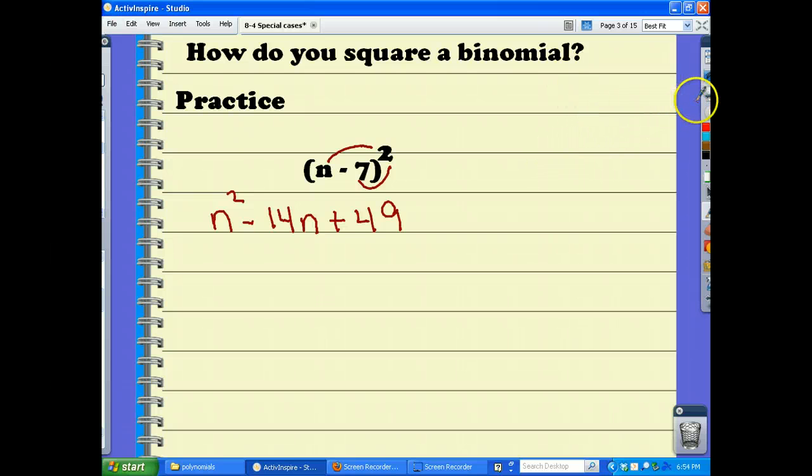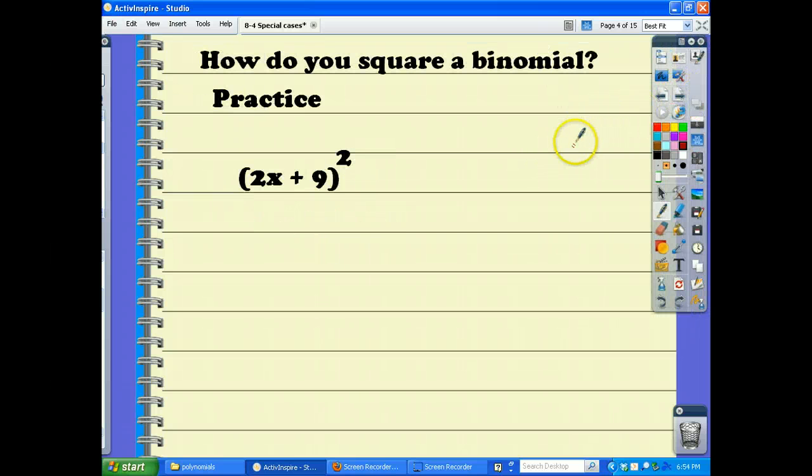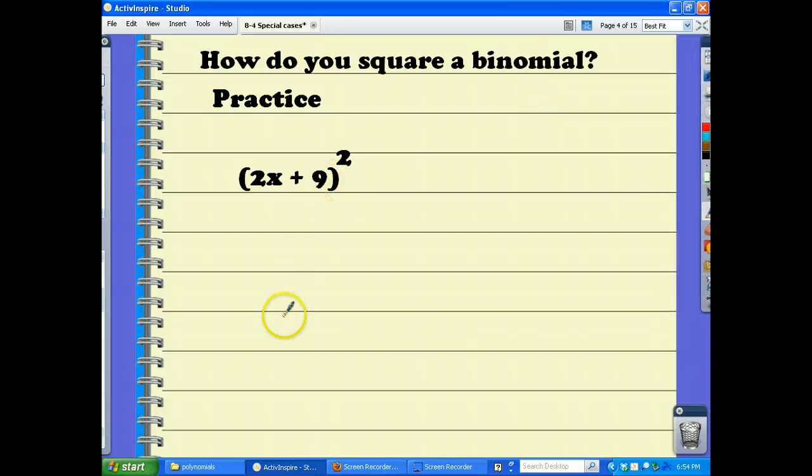All right, let's move on to the next one, and I'm going to give you a second. I'm just going to pause and give you a second to work this, or you can pause it before you actually look at it and see how it's worked. So let's look at it. 2x, again, I'm just going to square that one. That gives me my first term. 2x squared, so I will say 4x squared.